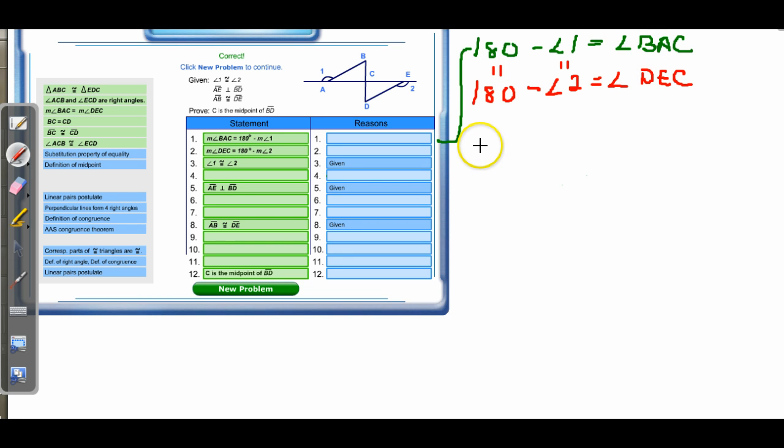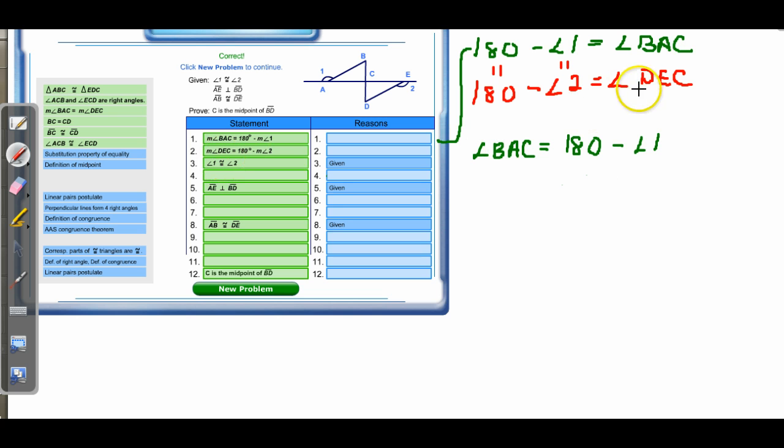So they said that angle BAC, and I should write it in green since I wrote the other one in green. They say angle BAC equals 180 minus angle 1.